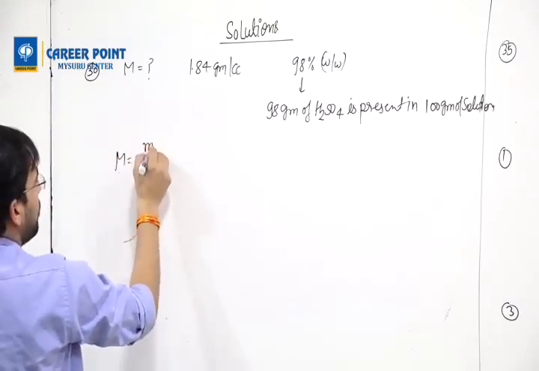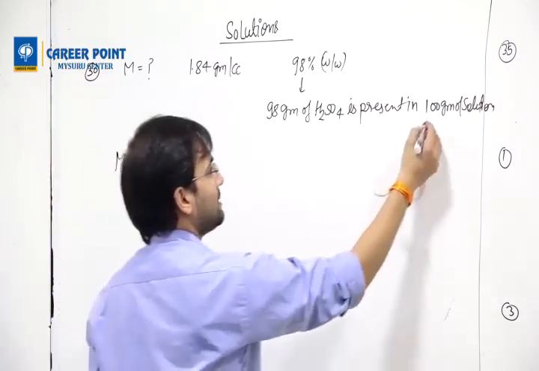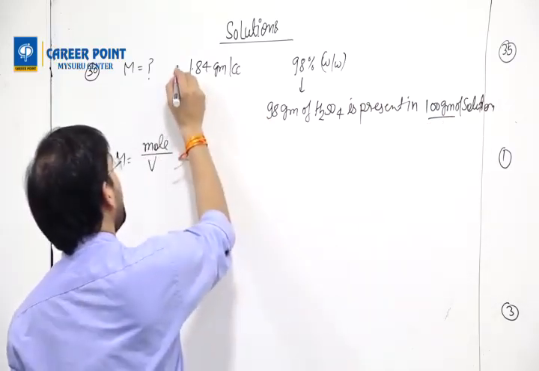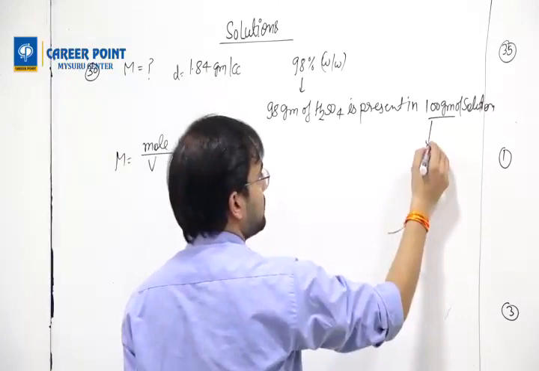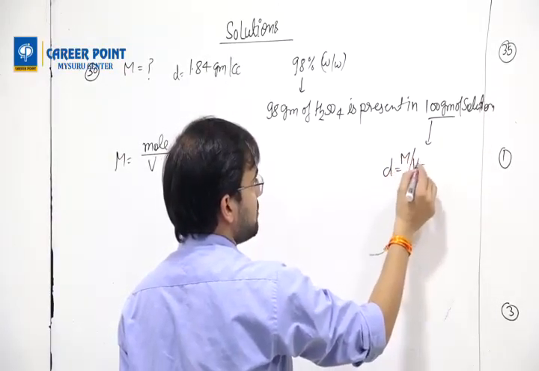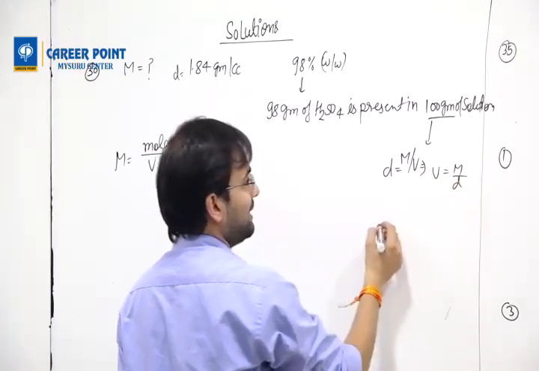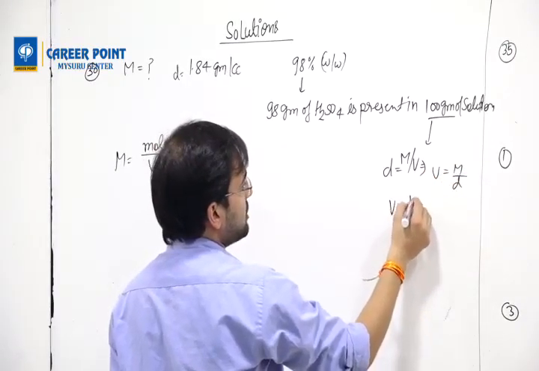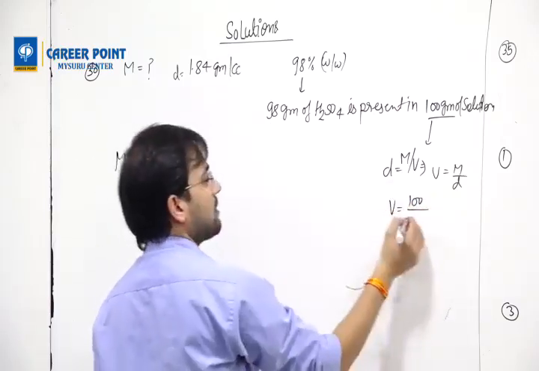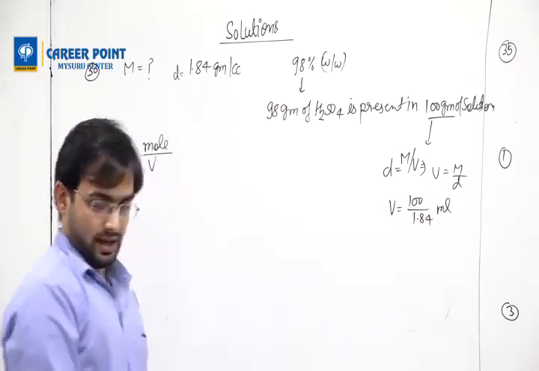Molarity equals moles by volume. You have the mass, and this is the density, so I can get the volume. If you remember, density equals mass by volume, so volume equals mass by density. So volume equals 100 by 1.84. The answer will come in ml.